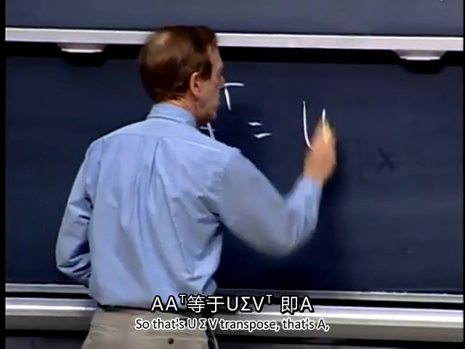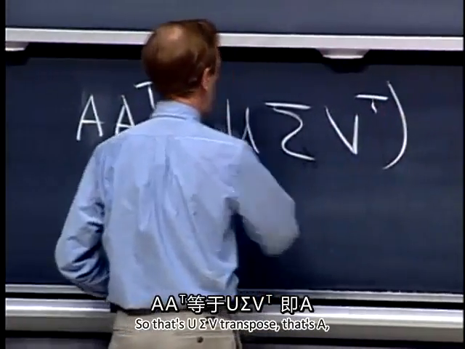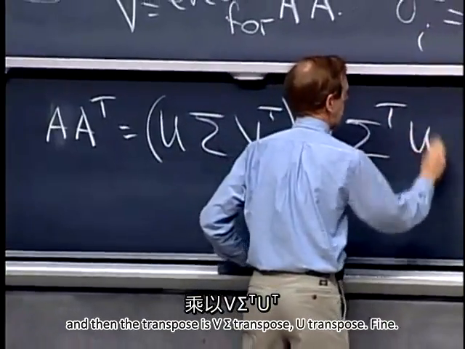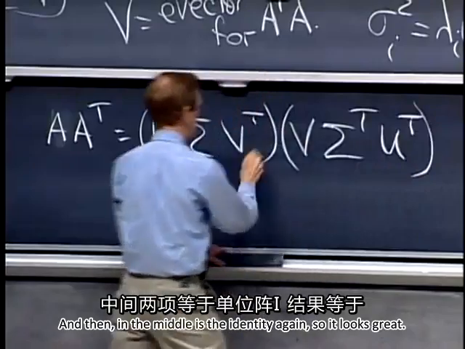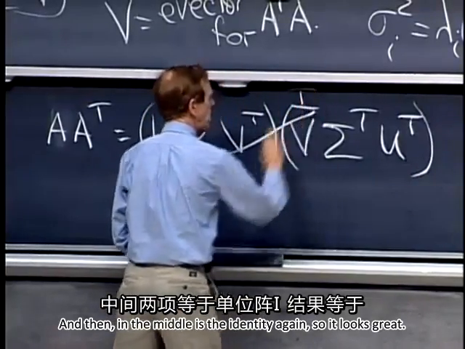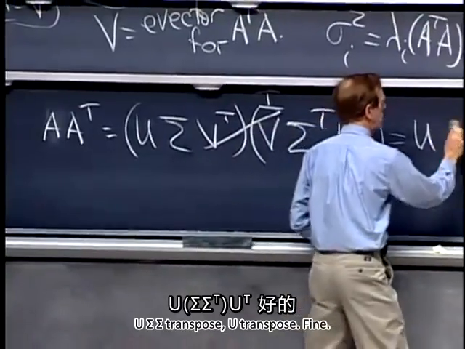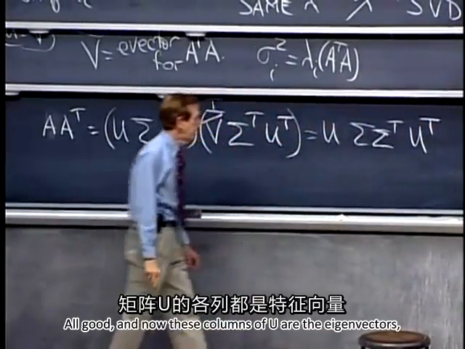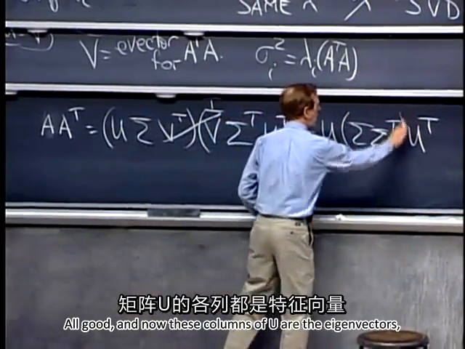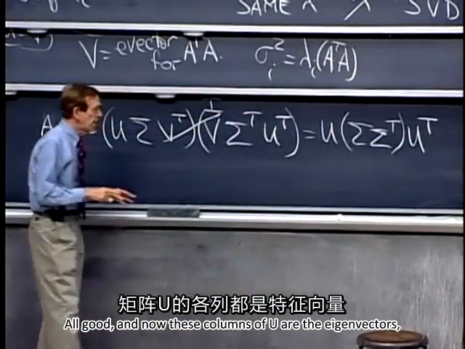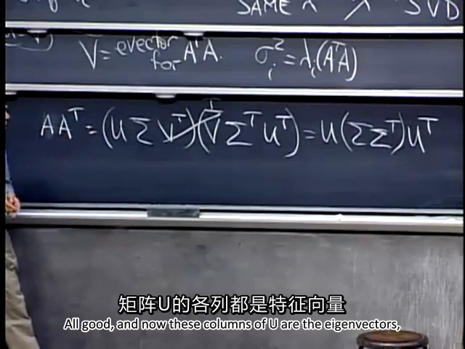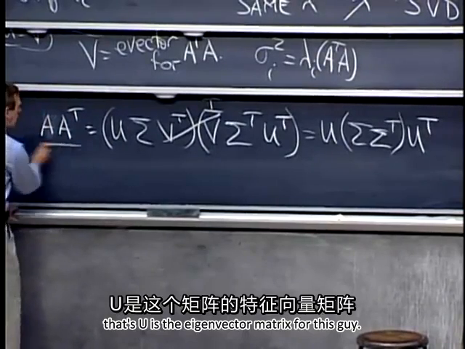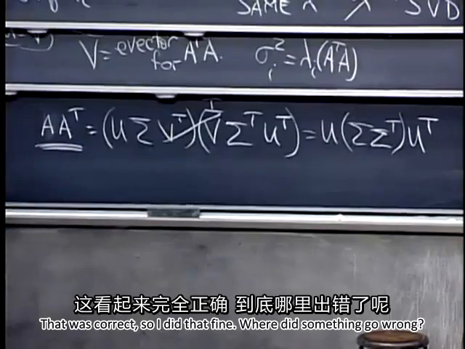So that's U sigma V transpose, that's A. And then the transpose is V sigma transpose U transpose. And then in the middle is the identity again. So it looks great: U sigma sigma transpose U transpose. All good. Now the columns of U are the eigenvectors. U is the eigenvector matrix for this matrix. That was correct. So I did that fine.